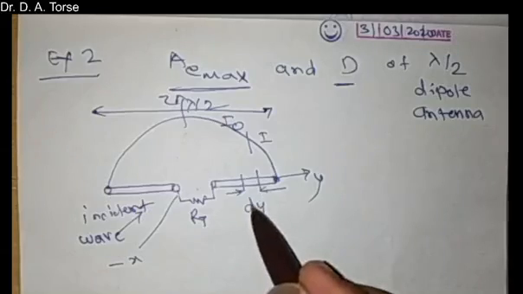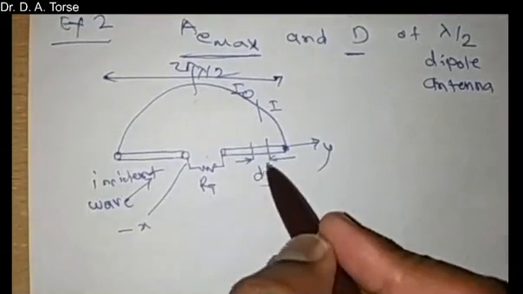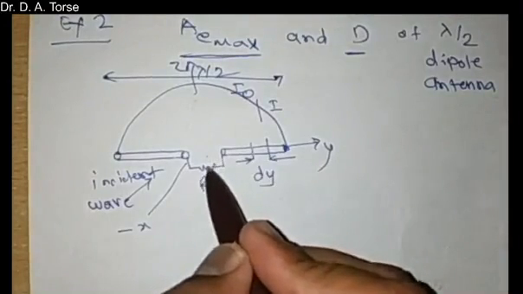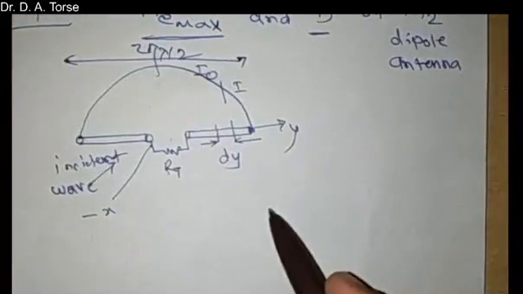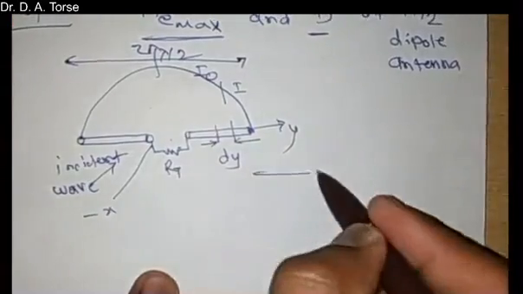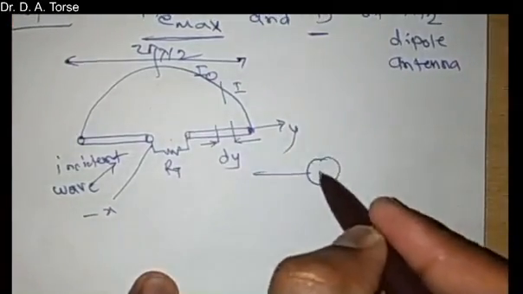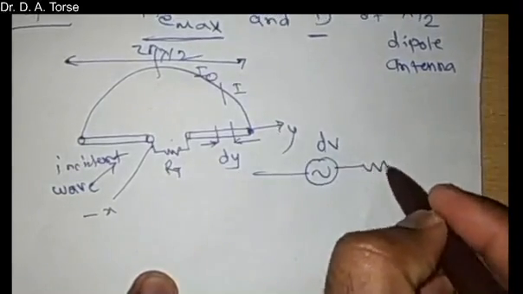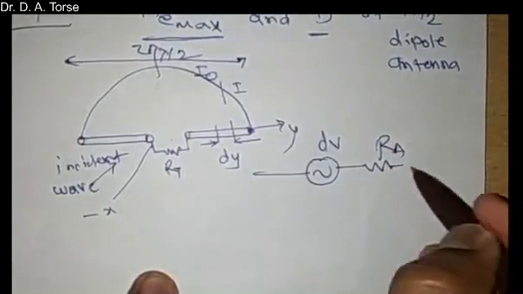To compute this particular voltage value, we need to replace the antenna and represent it by its equivalent Thevenin generator. So the antenna is now represented as a source of voltage dV, and the resistance of the antenna is Ra.